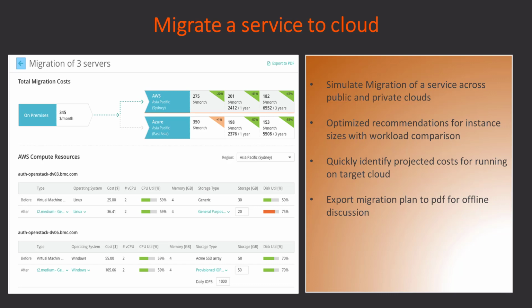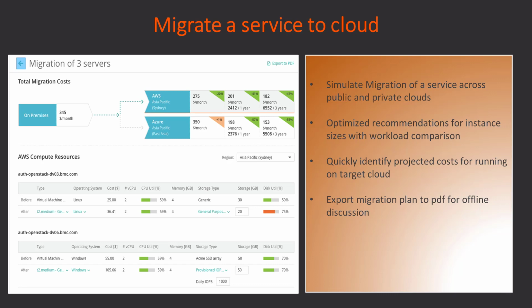So what you're doing here is you're looking at if you were to take an on-prem business service built on a number of different types of infrastructure and attempted to move it from on-prem to either AWS or Azure, you'll actually see a breakdown of how much it would cost to run that business service in the cloud. There are some situations where you'd actually find it might be cheaper to keep it on-prem, but you also can see a comparison between AWS and Azure.